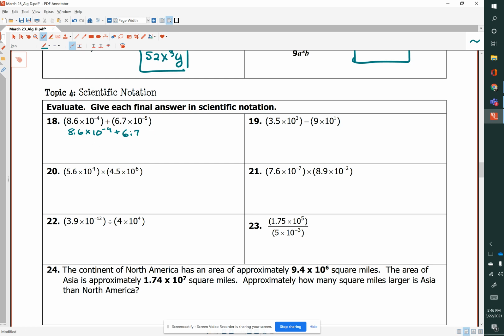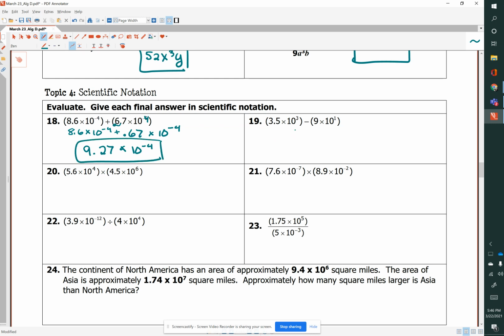Well, what I want to do is make this a -4. So I'm going to move the decimal point one place, and then this becomes a -4. So it would be 0.67 times 10 to the negative fourth. Now I can add them because I have like terms. That would be 9.27 times 10 to the negative fourth.